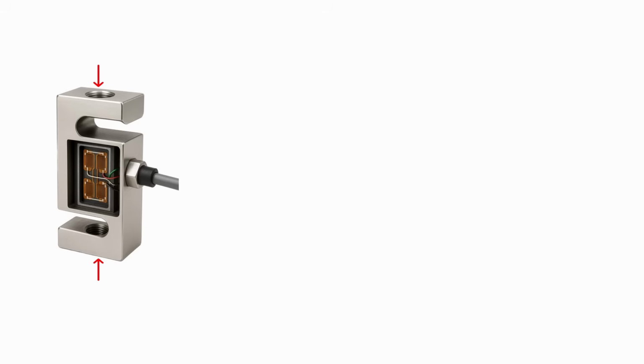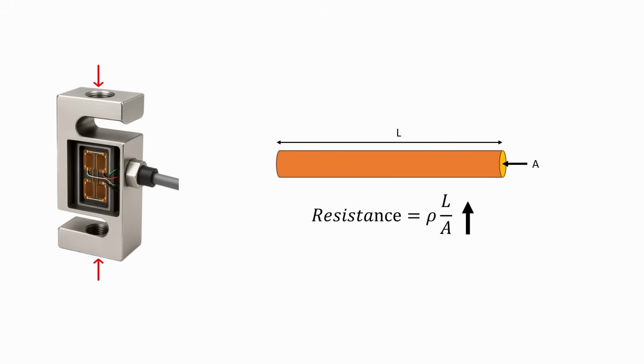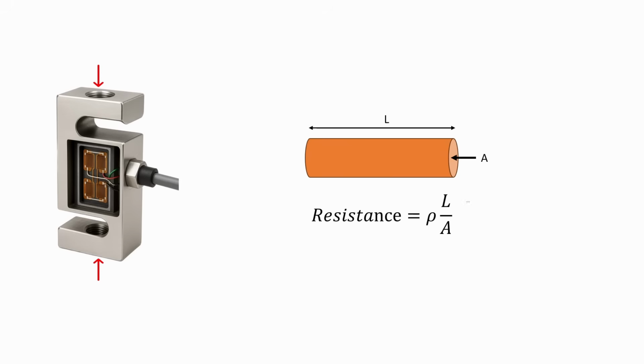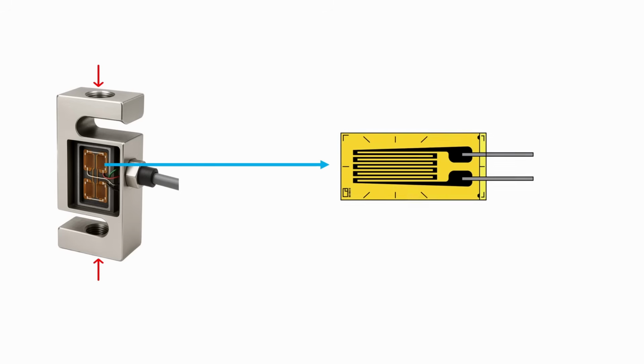Now, as we all know, the electrical resistance of a wire depends on its length and cross-sectional area. So it increases when the wire is stretched, as the cross-sectional area reduces, and decreases when it's compressed, as the cross-sectional area increases slightly. So as the strain gauge stretches or compresses, its resistance changes.